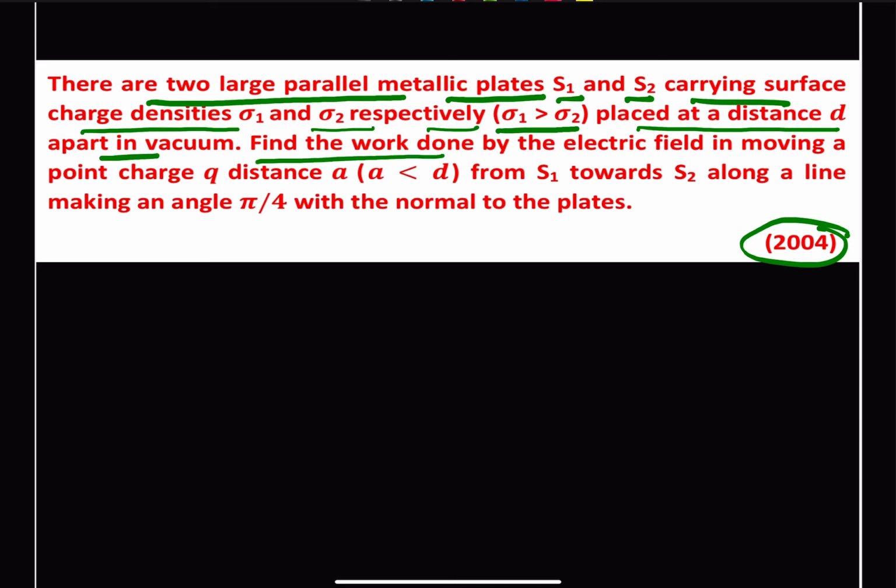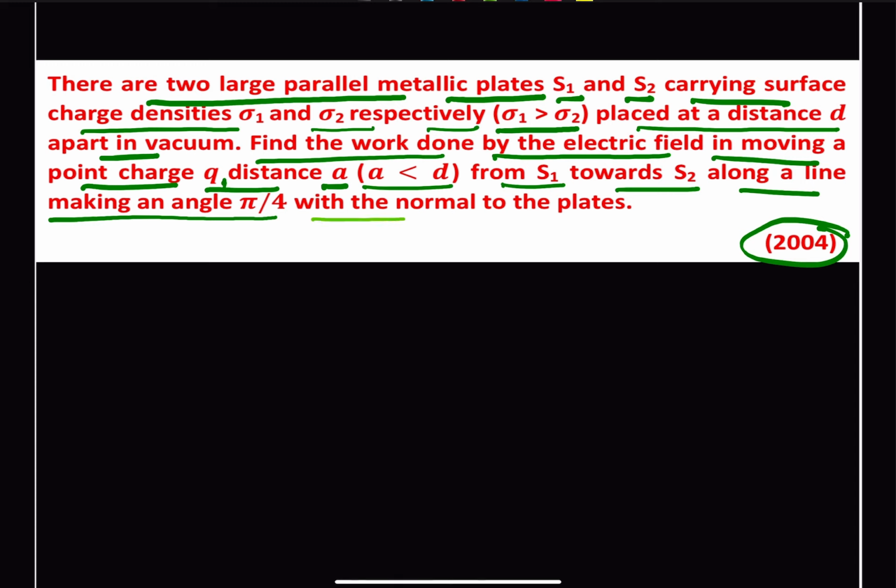Find the work done by the electric field in moving a point charge q through a distance a, where a is less than d, from S1 towards S2 along a line making an angle of pi by 4 with the normal to the plates.